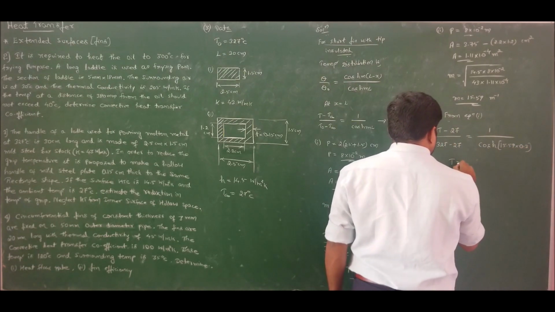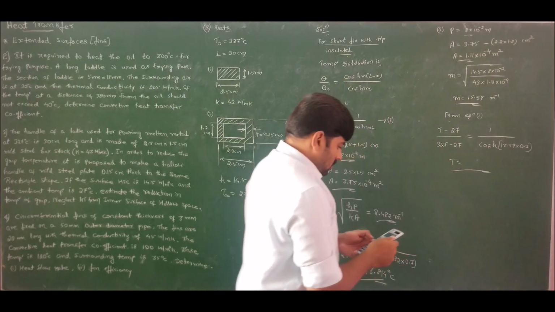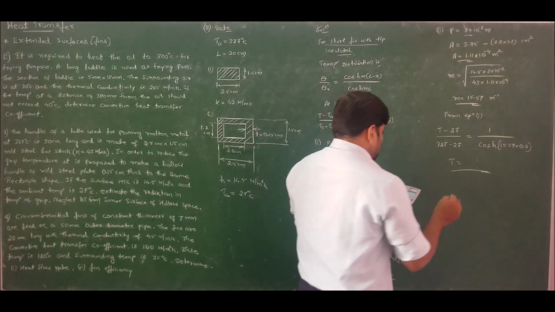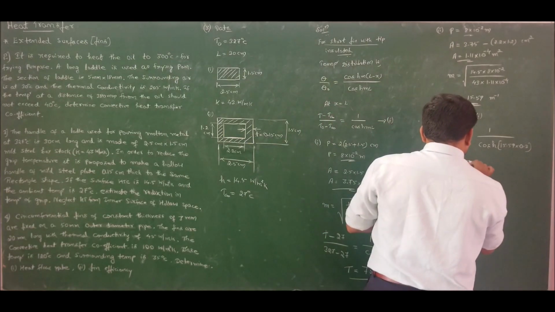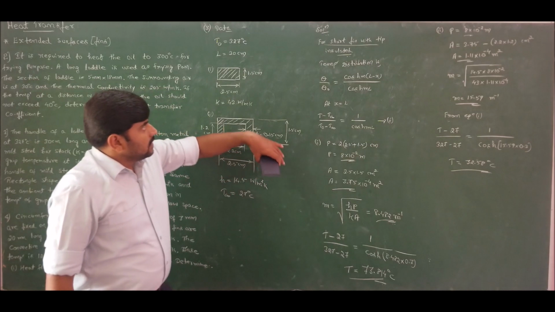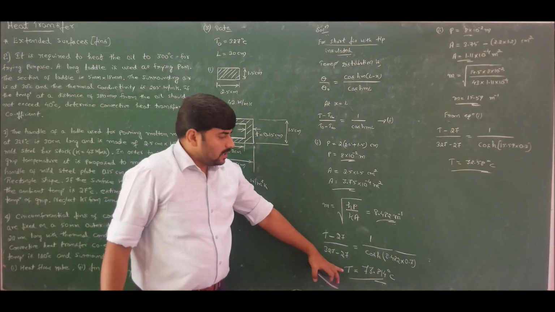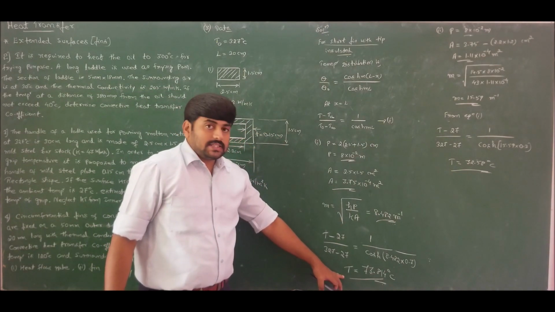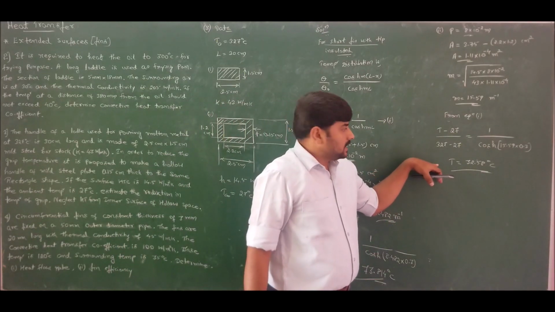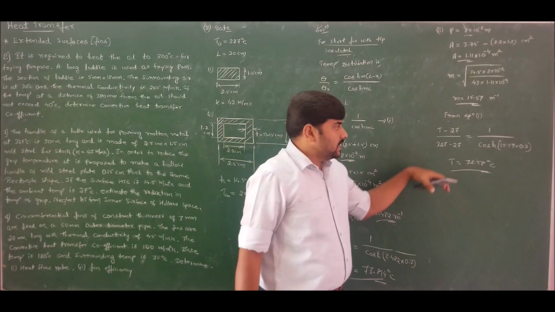So if I solve, the new temperature of grip will be 32.58 degrees Celsius. So you can observe, when you use a solid ladle, the grip temperature is 73 degrees Celsius. It is very hot. When I used the hollow ladle, the temperature falls down to 32 degrees Celsius.